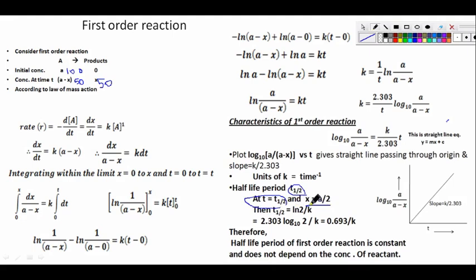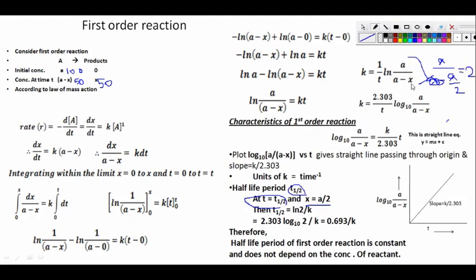So put this value in this equation. What do we get? a upon a minus x. What is x? It is a by 2. So a minus a by 2 is a by 2, and a upon a by 2 is 1 upon 1 by 2, that is 2.